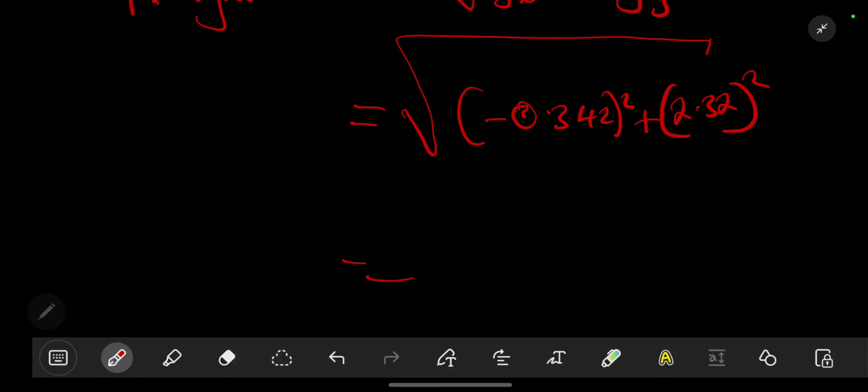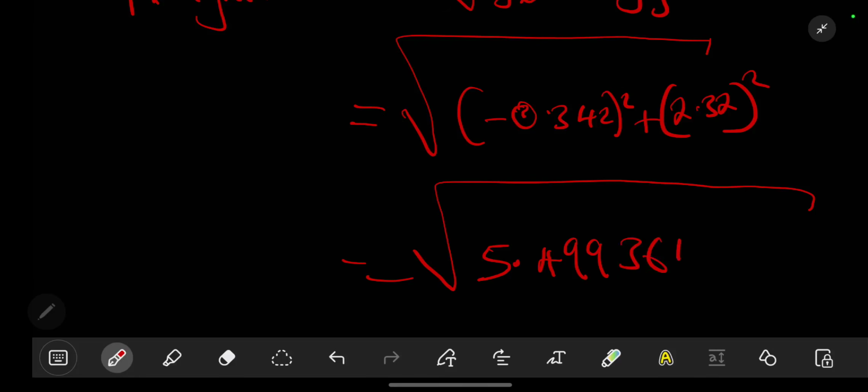0.342 squared is 0.117. Okay, let's just add what is inside plus the 2.32 squared. This is going to give us a 5.499364.